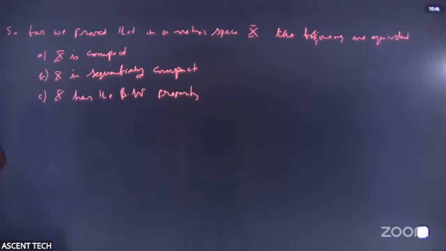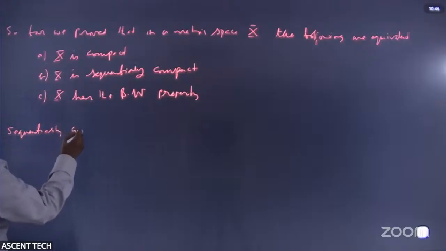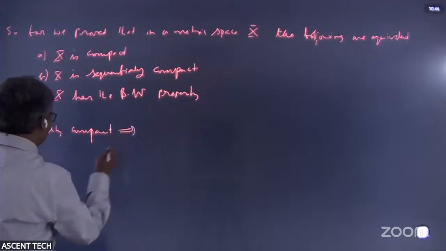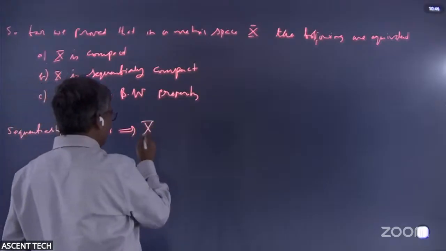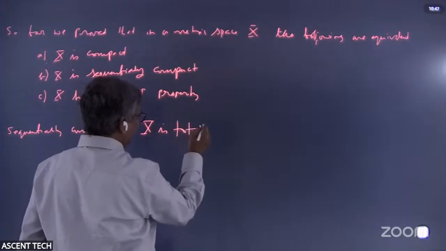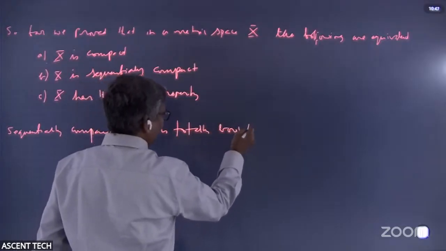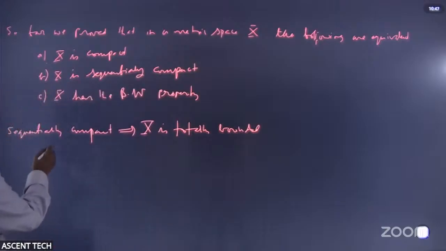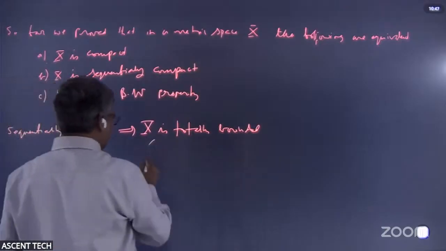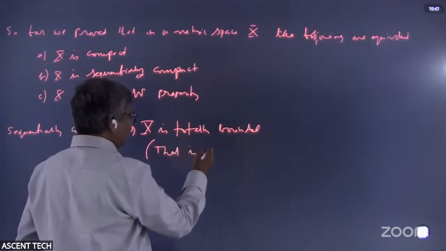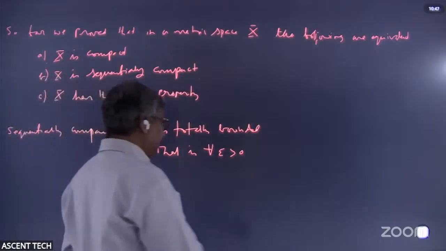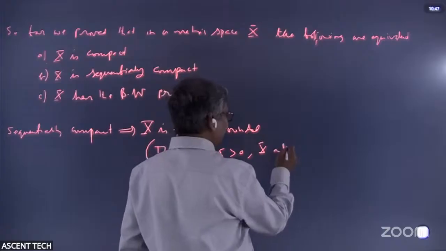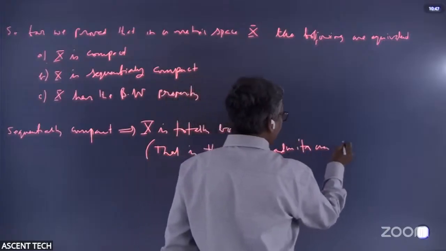I also showed you that if X is sequentially compact, then X is totally bounded. What does totally bounded mean? That is, for every epsilon greater than 0, X admits an epsilon net.